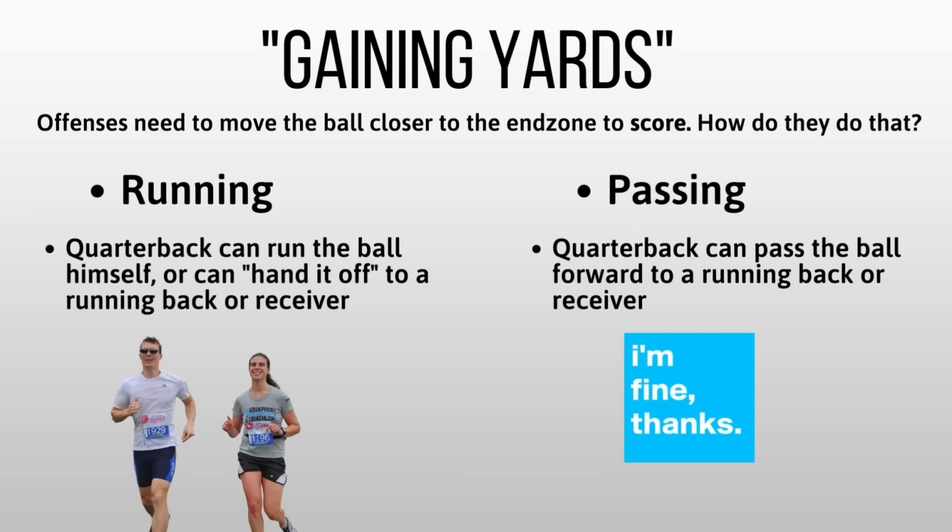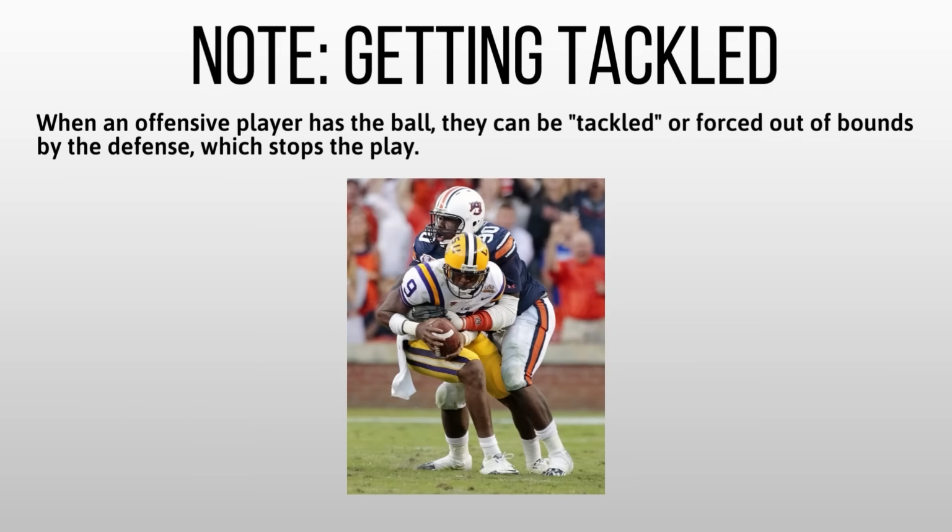The ball can also be passed by the quarterback. He can pass it to a running back, a wide receiver, or anybody else to carry the football down the field. Now, of course, when an offensive player has the football, they can be tackled or pushed out of bounds by the defense. This stops the play.